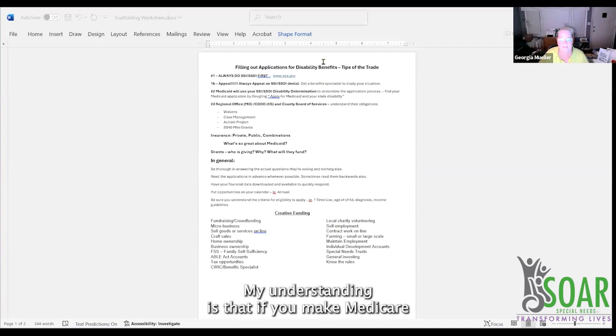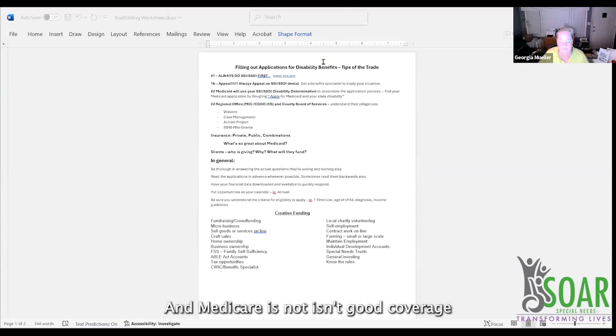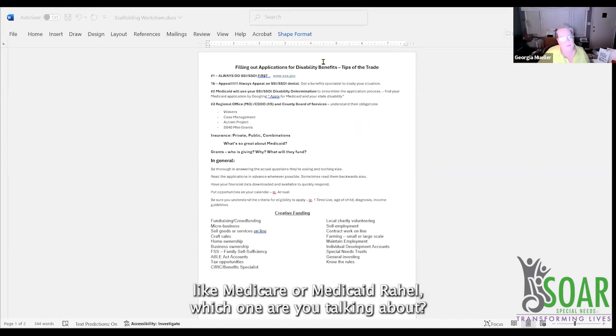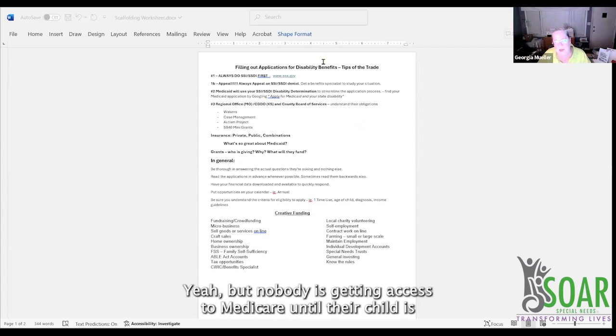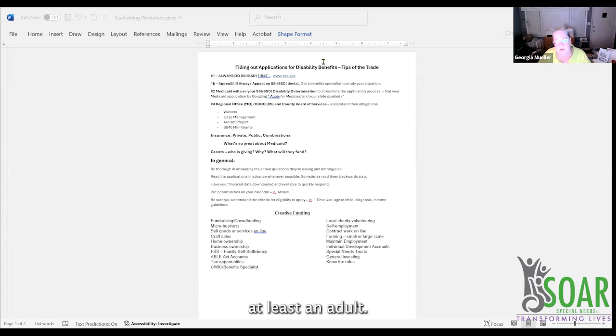Rahel just shared: my understanding is that if you make Medicare your primary, then your private will be secondary, and Medicare isn't good coverage. Is that correct? Actually, it's backwards. That's a great question, though. Which one are you talking about, Medicare or Medicaid? You said Medicare. Nobody's getting access to Medicare until their child is at least an adult.